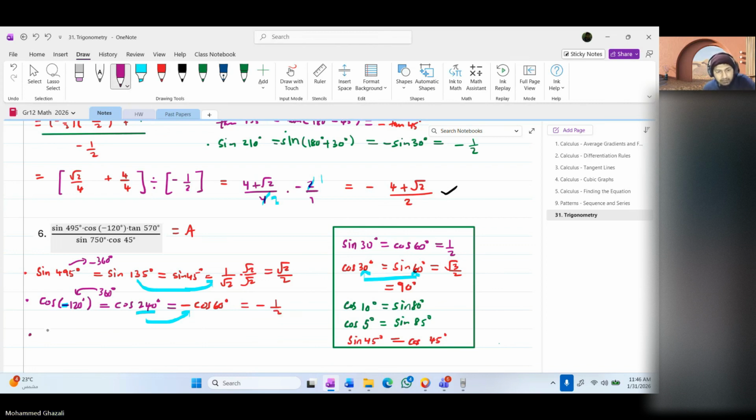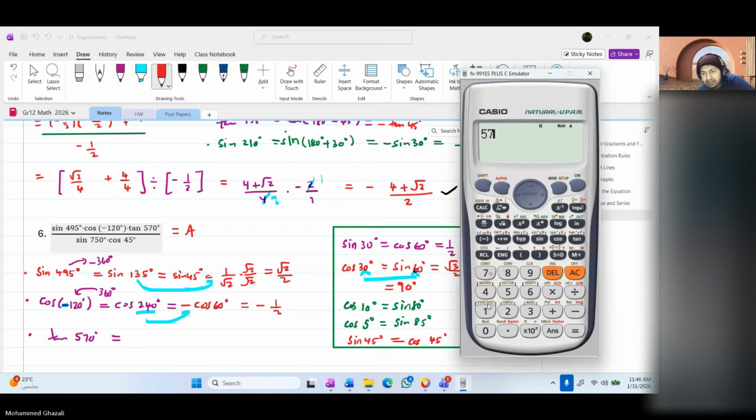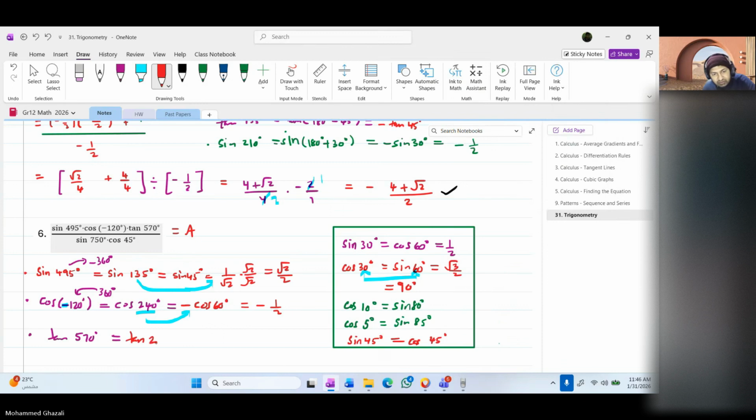Next one, tan of 570. If we take away one revolution from here, 570 minus 330 degrees, we are getting 240. So we're getting tan 240, which is in the third quadrant. So tan is positive.